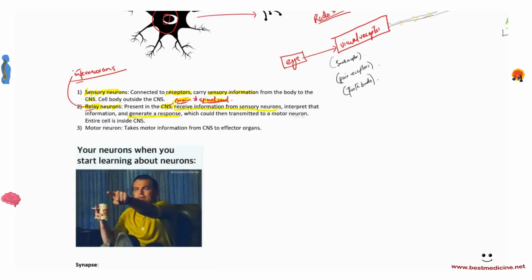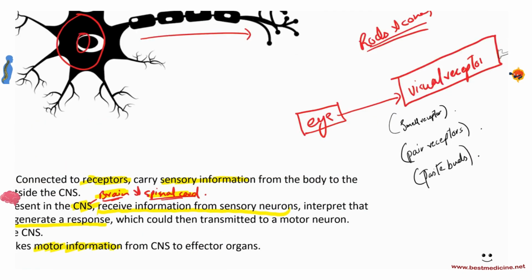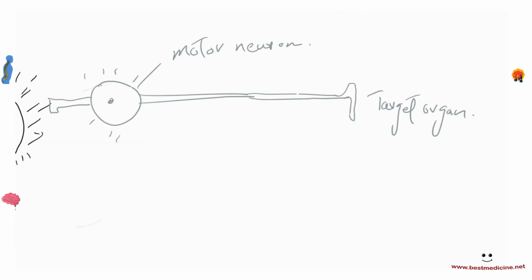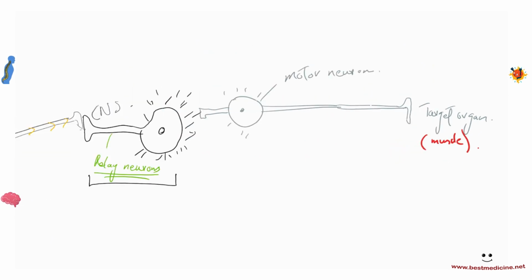Let's have a look here in the text as well. So a motor neuron takes motor information such as information to move your muscles, or information towards your glands to start secreting some hormones or stop secreting some hormones, etc. So motor neuron takes motor information from the CNS to effector organs. Let's, for example, in this case, maybe it's taking it to a muscle, right? And then the muscle will move to block the football.